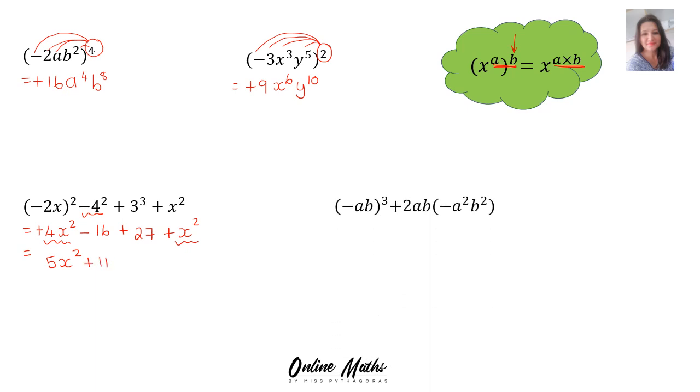On this one, so you find inside a bracket negative ab raised to the power of 3. So it's an uneven number. This minus will stay a minus, and you have to raise every power to 3. So it becomes a to the 3, b to the 3.